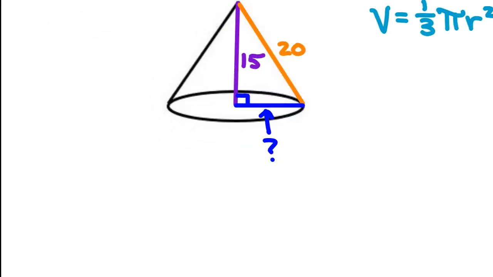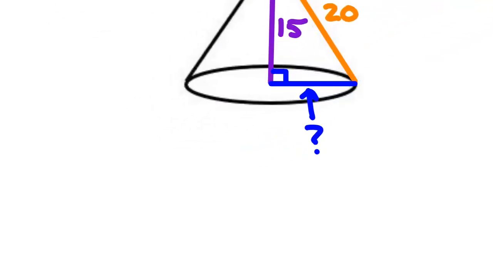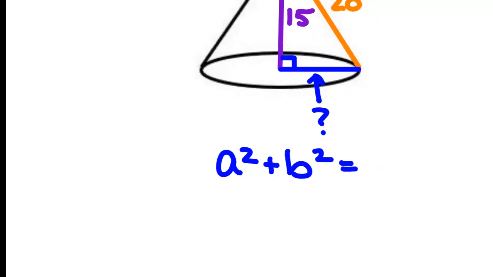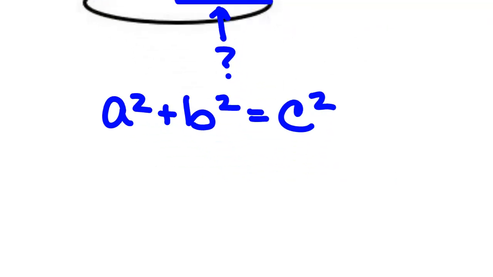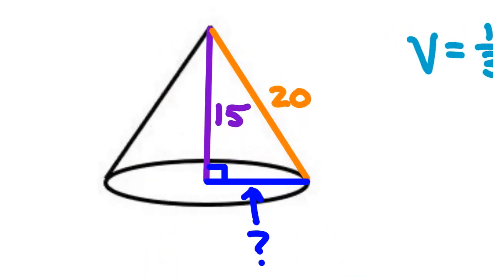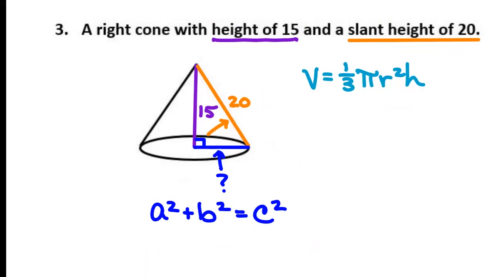So how am I going to find my radius? Pythagorean theorem, a squared plus b squared equals c squared. What do we put in for c? I need the hypotenuse of the triangle. What is the hypotenuse of this triangle? 20.